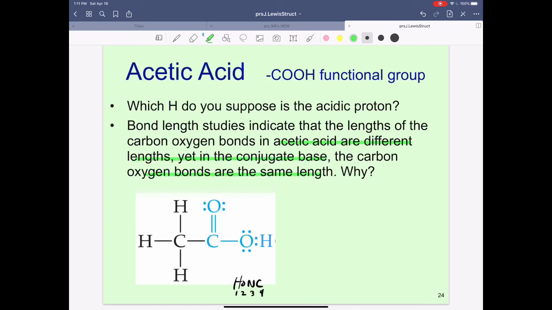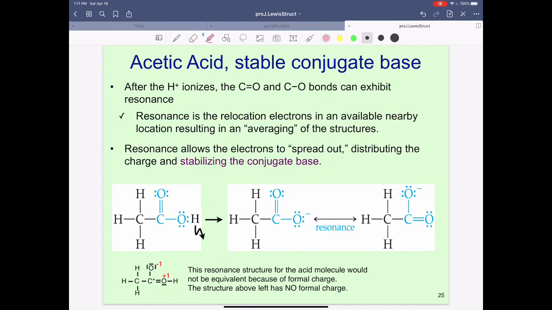Well, first, to answer that question, we need to know which hydrogen actually drops off to produce the conjugate base. And so hopefully from your acid studies you're aware that this will be the hydrogen that ionizes. So after the hydrogen ionizes and we end up with the conjugate base with a negative charge, we could of course put that in square brackets.